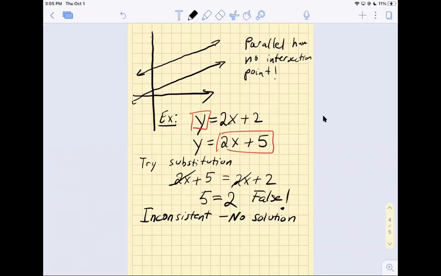But can two straight lines ever intersect each other more than once? So it's kind of like a cheap answer. It's not like a riddle, but how could two lines ever intersect each other more than once?